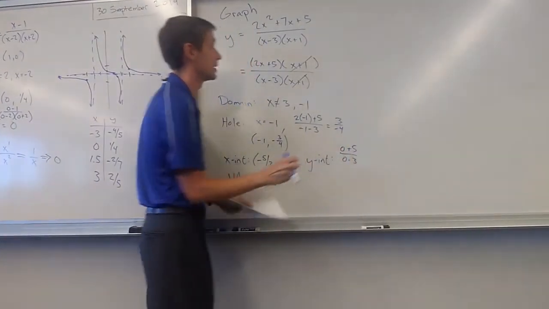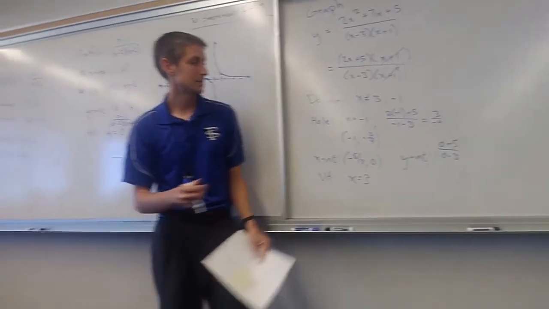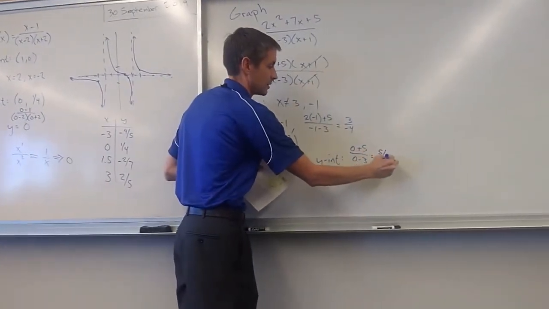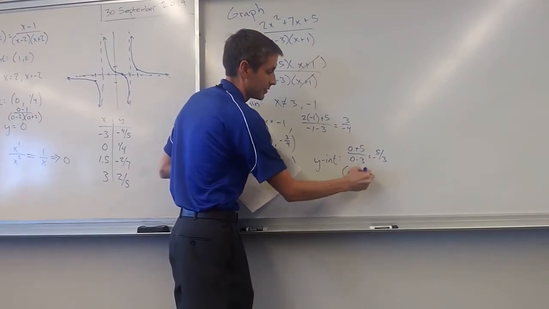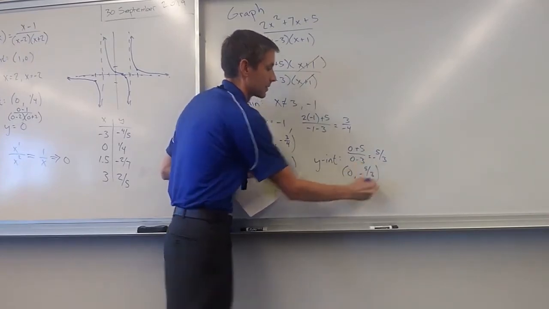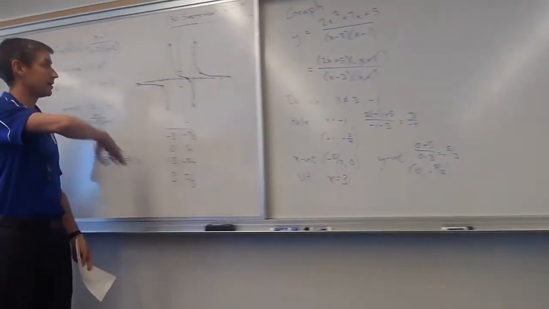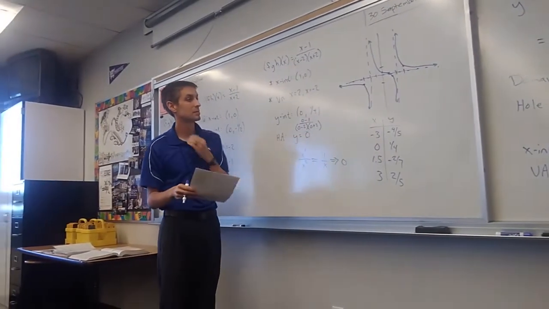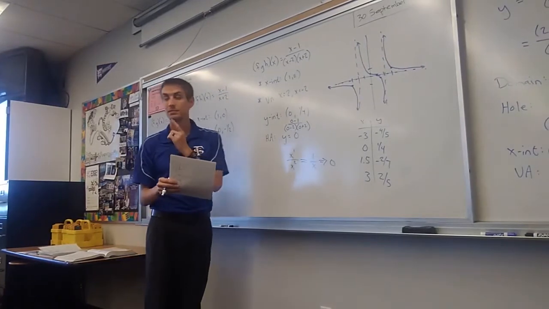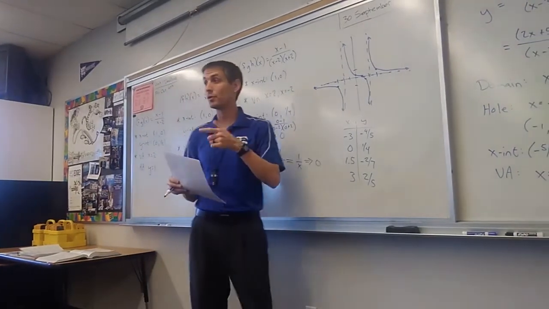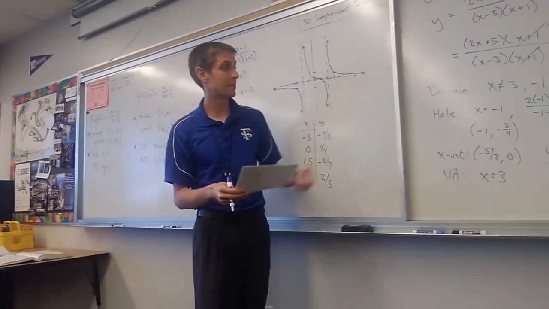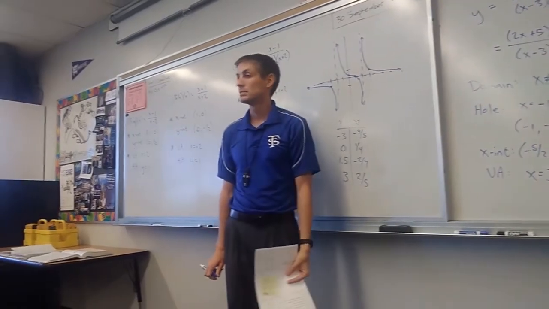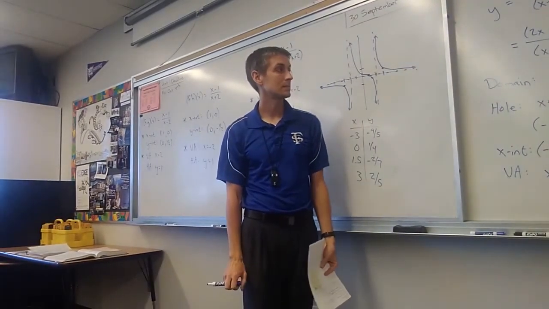Was there anything else we found before we started finding coordinates for the graph? Horizontal or oblique asymptotes. So how do I find a horizontal or an oblique asymptote? It's the same, well, kind of. I've got a 2x squared over x squared.